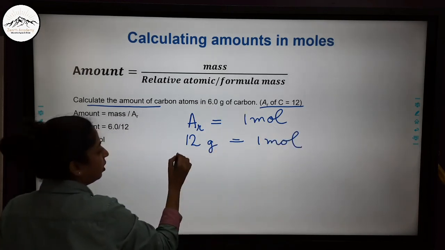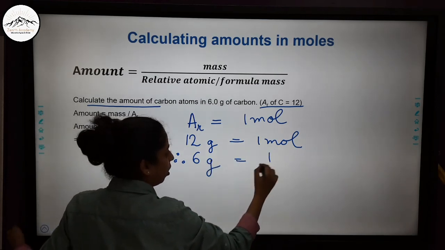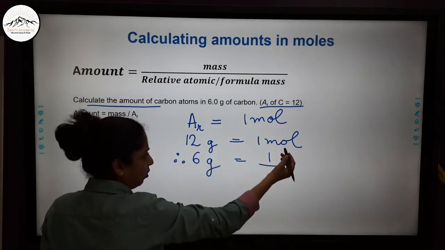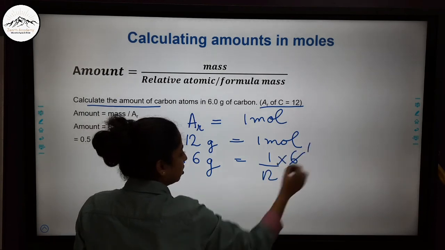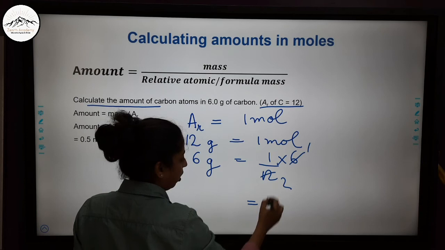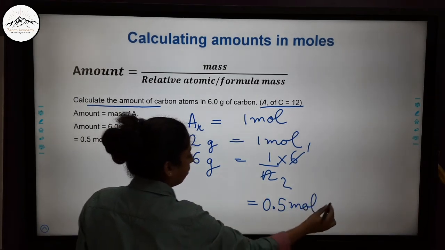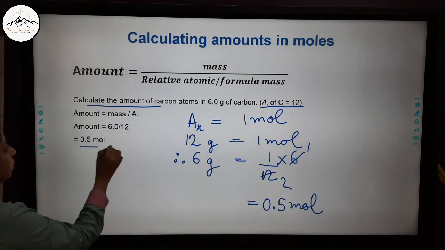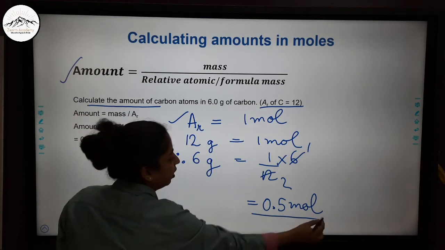Now in the question, how many grams are asked? 6 grams. So 6 gram will correspond to what? Just apply the unitary method, 1 upon 12 into 6. So 6 1s are 6, 6 2s are 12. So this is 1 upon 2 or 0.5 moles. Right. So just use this formula or use the unitary method to find this.